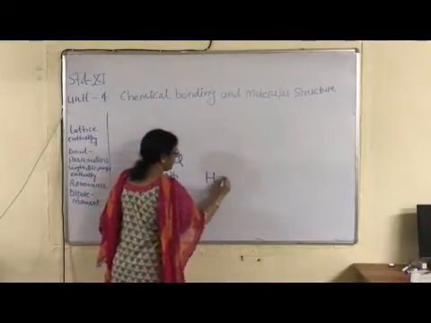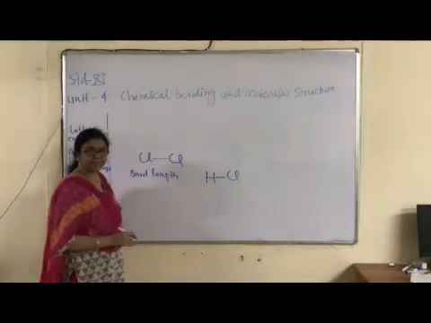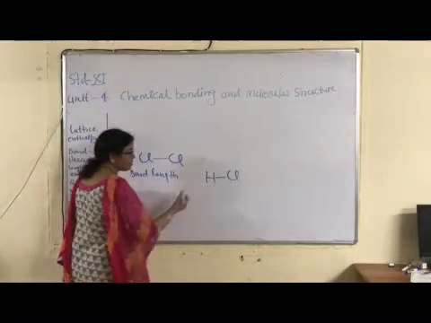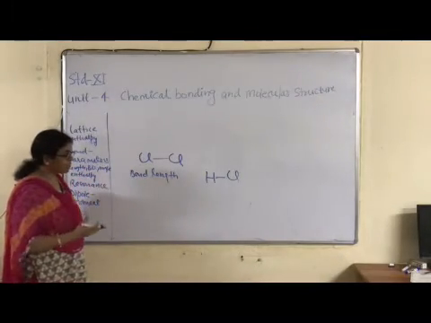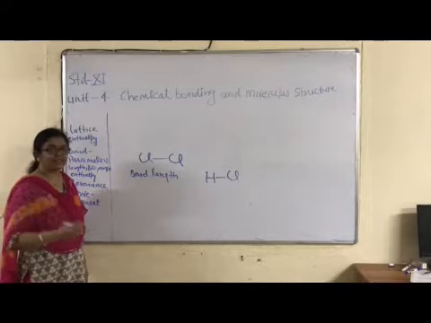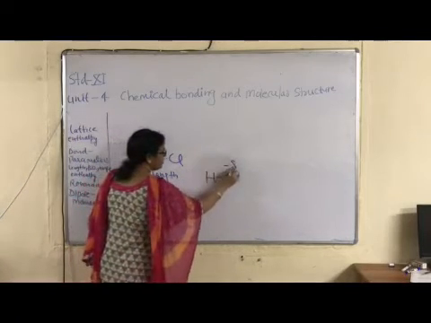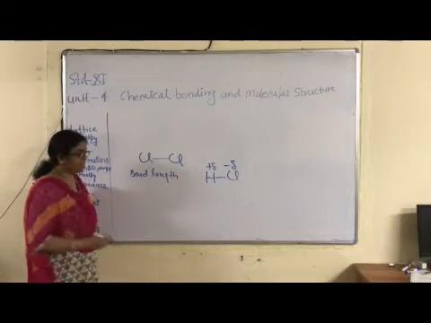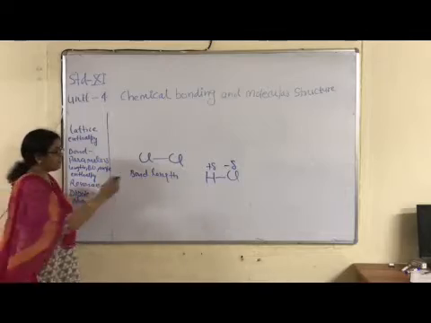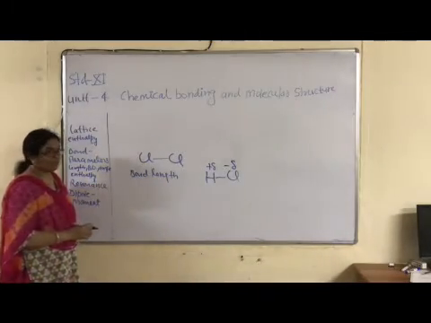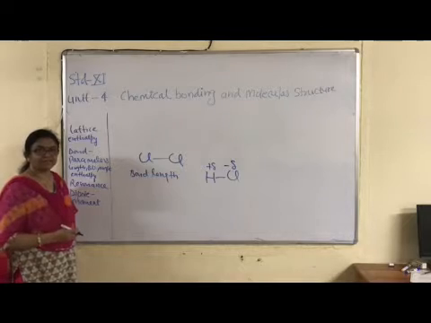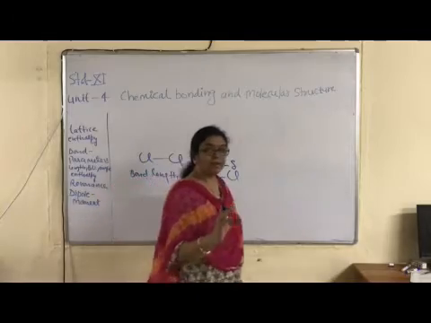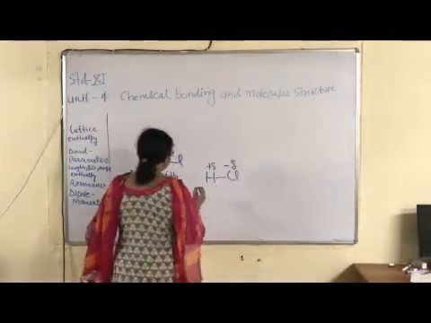Second example, hydrogen chloride, right? In this case, different atoms are present. One is hydrogen, second is chlorine atom, both different in their electronegativities. One is negatively charged and the second is positively charged, right? In the second case, force of attraction is stronger than the first one, right? So this bond length decreases. Bond length depends upon nature of molecule and number of bonds, right?